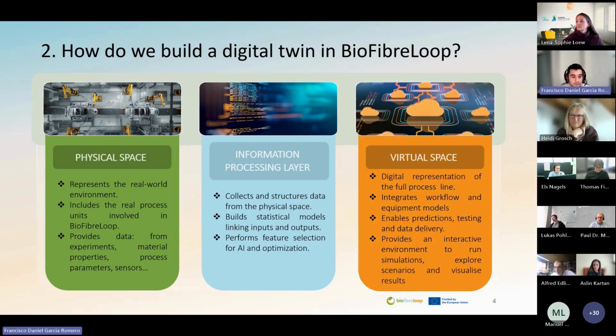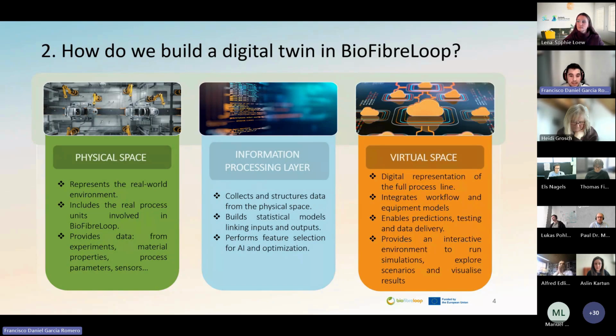By analysis of the material properties resulting from it, and by obtaining the process parameters from sensors, all of that will go to the intermediate between the physical and the virtual space, which is the information processing layer.